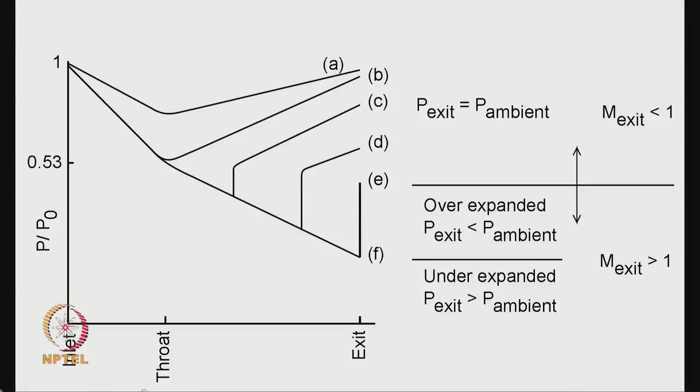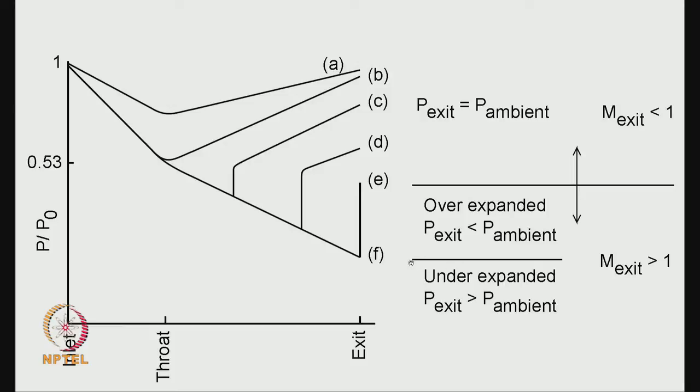So you can see that when we just lower the pressure here from this location up to the situation when the ambient pressure becomes equal to the exit pressure, the flow is going to be over expanded. So it was subsonic up to here, and then it becomes supersonic beyond this point. Okay, so now you can see that from here up to here, the exit pressure is less than the ambient pressure.